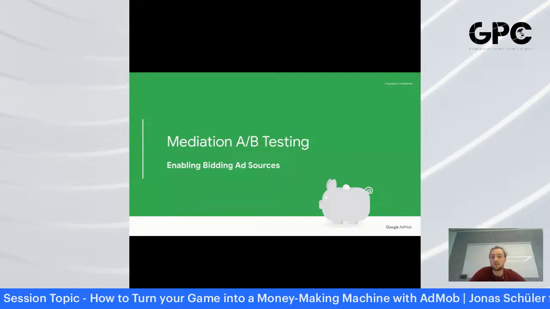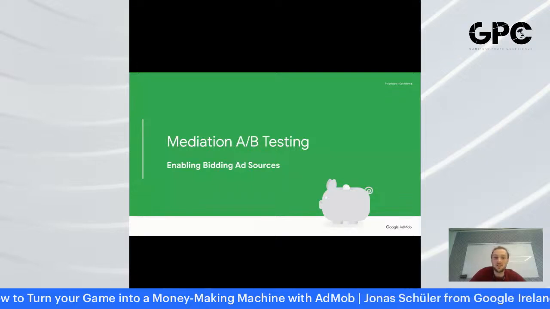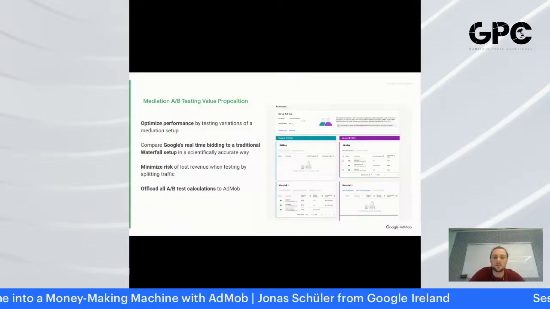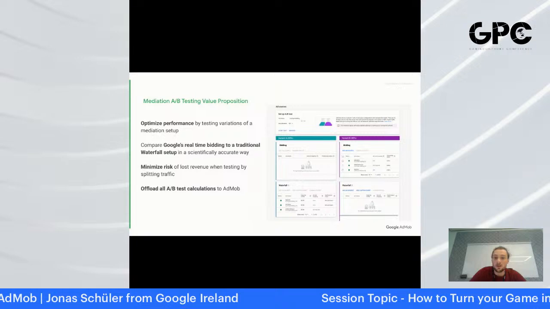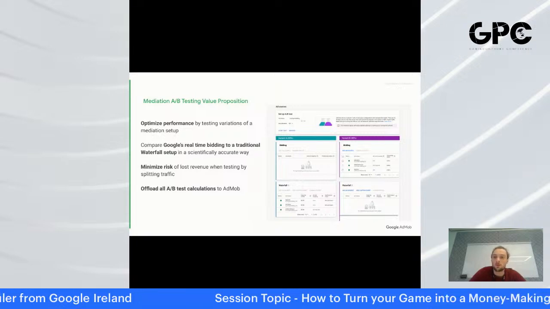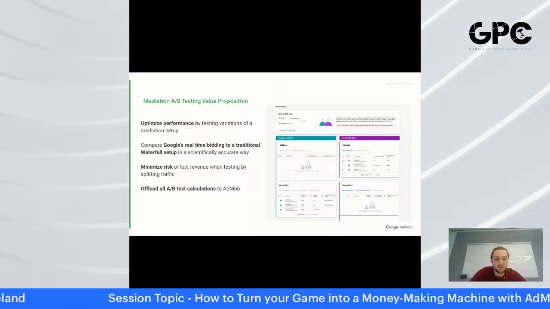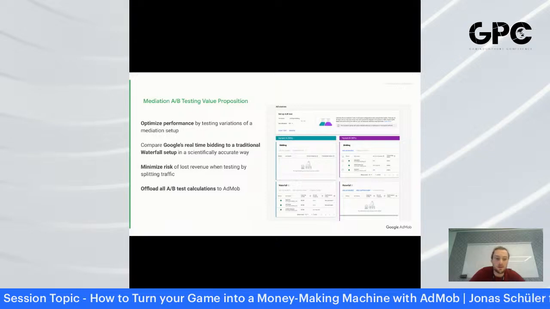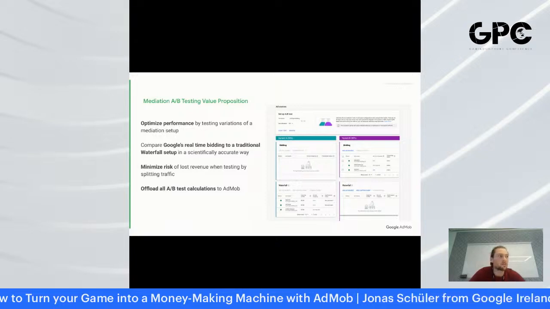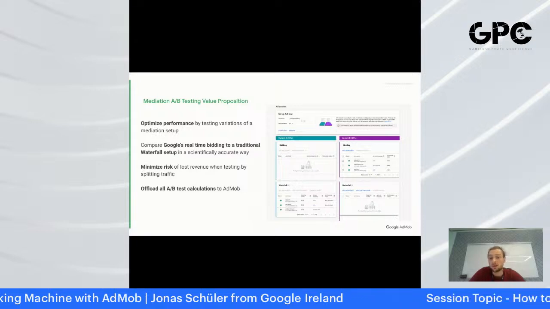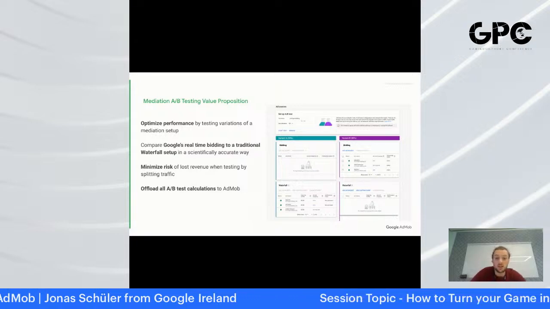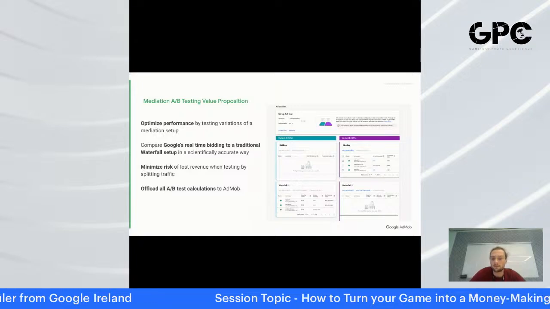In addition to all this, AdMob also offers easy A/B testing directly within the user interface. You want to make sure that your new mediation setup is optimized for the best performance possible. So I always recommend having A/B tests running and not just switching to a new setup. Because with A/B tests, you can compare the real-time bidding with a traditional waterfall setup as well.